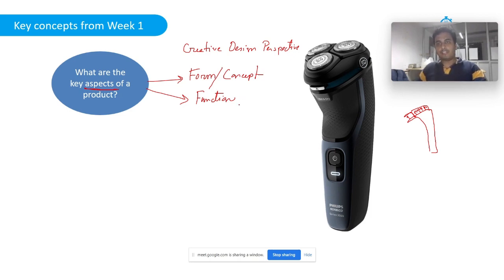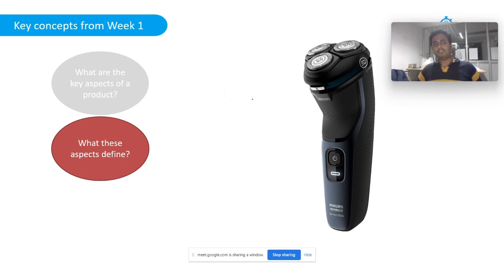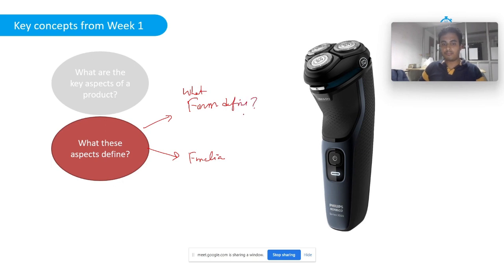The next question is, what do these aspects define? Can you answer? What do you mean by form, and what does form define and what does function define?